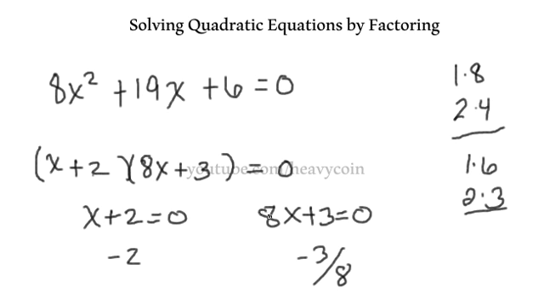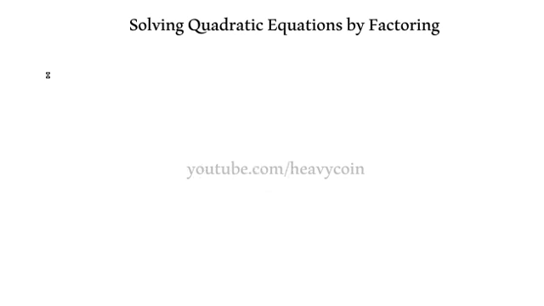You might want to look in the section on solving linear equations if you don't know how to do this. Okay, I'll let you check that out. Take a negative 2, plugging it in, and this side should equal 0, and if you plug negative 3/8 in, this side had better be equal to 0 also.